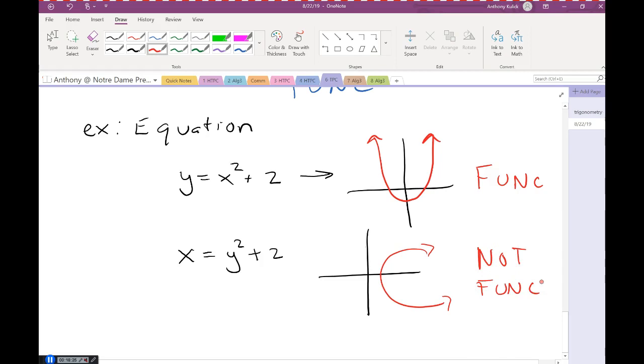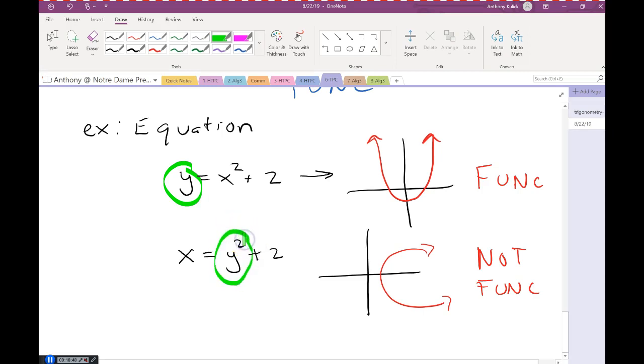Okay. So the general rule that you should be suspicious of: if something has a y all by its lonesome, and there's nothing else kind of weird going on in there, like you just see normal things that you've seen in Algebra 3-4, you're probably looking at a function.